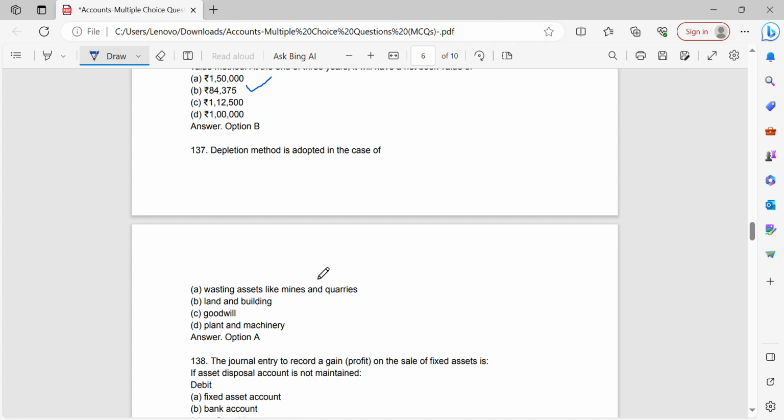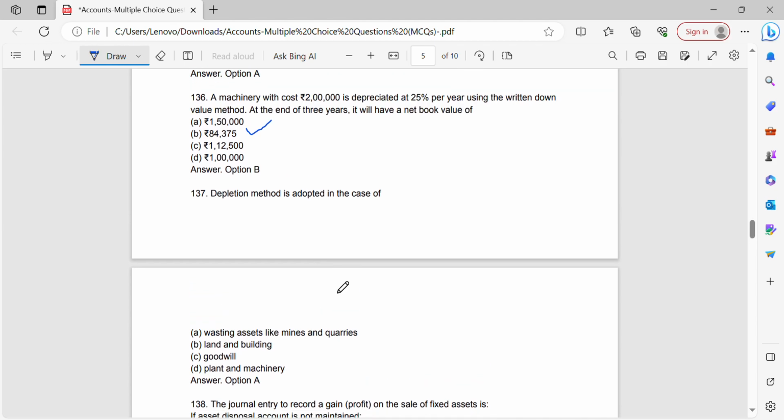Depletion method is adopted in the case of wasting assets like A mines and quarries, B land and building, C goodwill, D plant and machinery. The answer to the question is option A, wasting assets like mines and quarries.